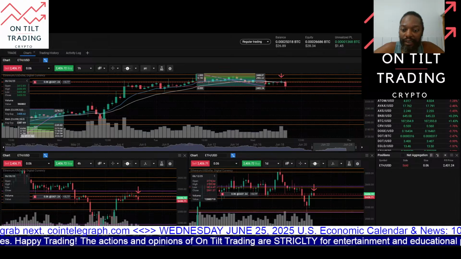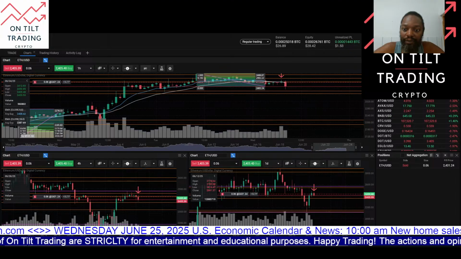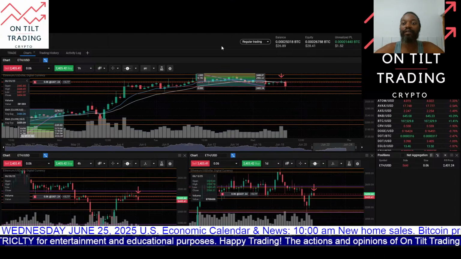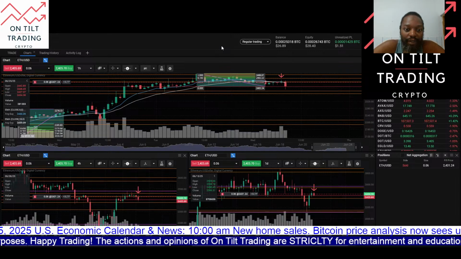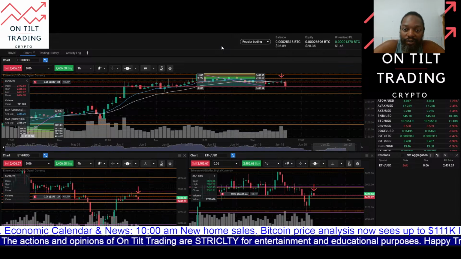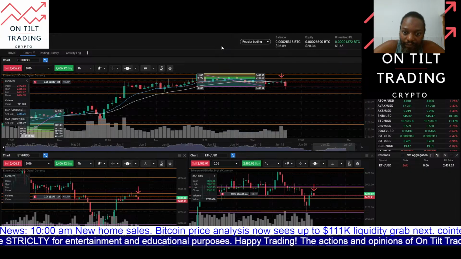So I'm going to maintain my current position in Ethereum and see if we can even get there with this consolidation. I've gotten about halfway to target and am now experiencing pullback.